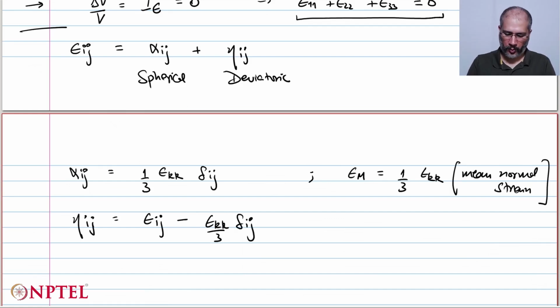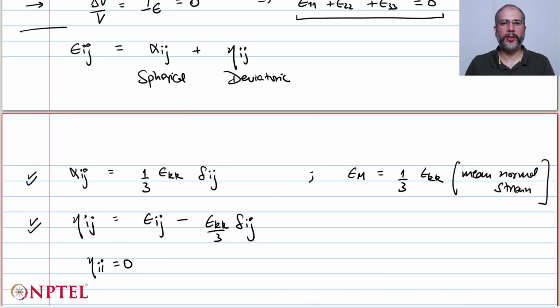Now you see, question 1 answered this part because we said that if the stretch is the same in all directions, it's basically the spherical part that we're talking about. And question 2 answered this part because by definition eta ii is 0, because we have removed the trace from eta ij. So the deviatoric part is the part that gives zero dilatation.